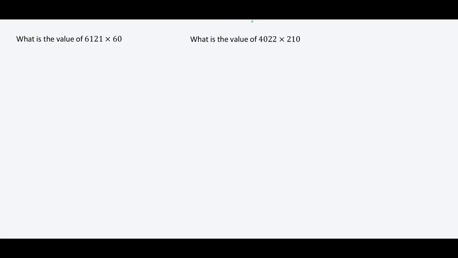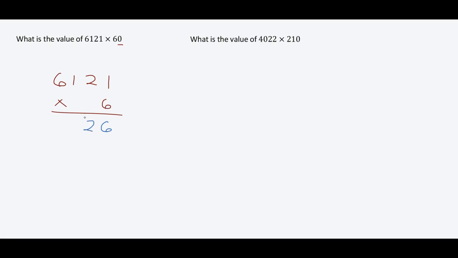Next example, we have 6121 multiplied by 60. We have just 1 zero, so we're looking at 6121 multiplied by 6. So 1 multiplied by 6, we have 6. 2 multiplied by 6, we have 12.